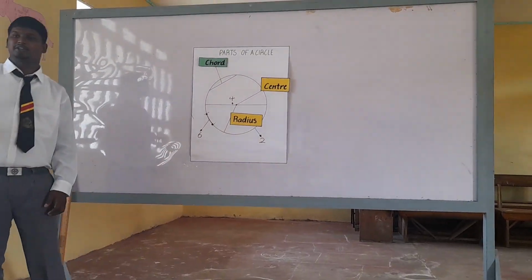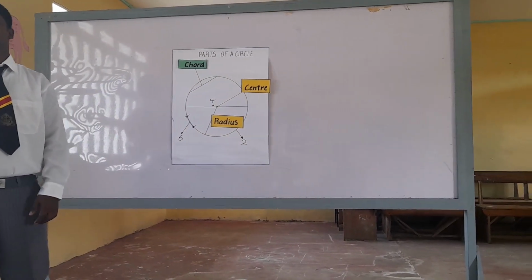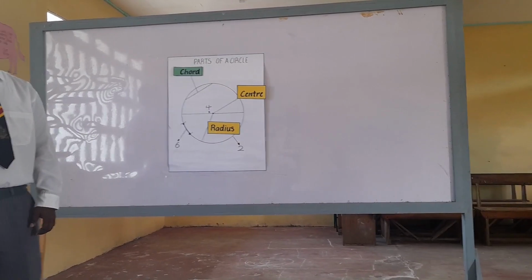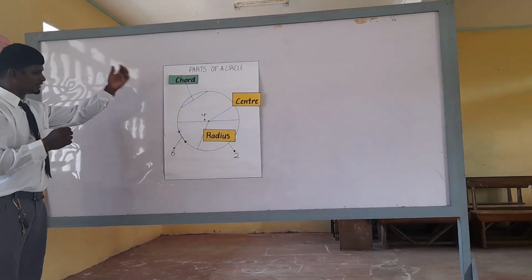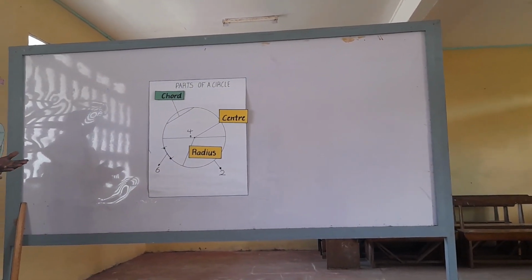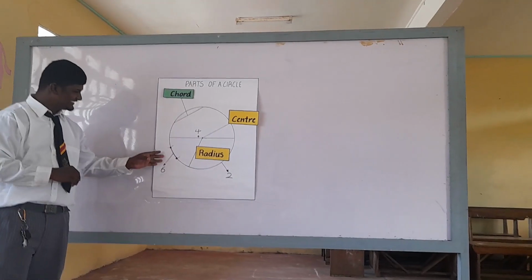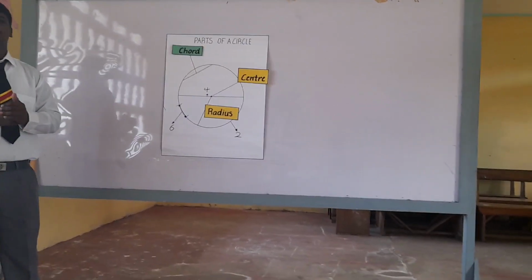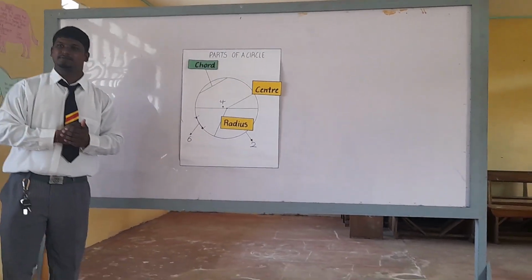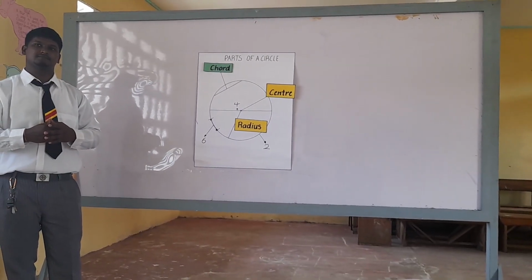Okay, let's hear from someone else. Which part do you have here? Arc, sir. You have the arc. Which number here is the arc? 6, sir. Number 6. Why do you think so, or what is an arc? Sir, the arc is any point on the circumference, sir.